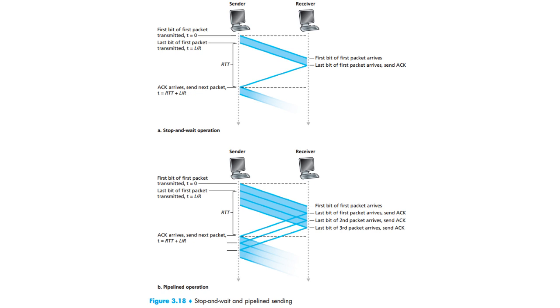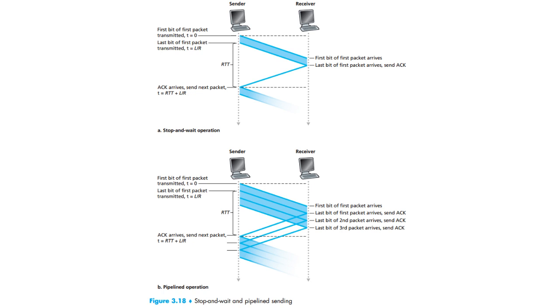With our stop and wait protocol, if the sender begins sending the packet at t equals 0, then at t equals L by R, which is 8 microseconds, the last bit enters the channel at the sender side. The packet then makes its 15 millisecond cross-country journey, with the last bit of the packet emerging at the receiver at t equals RTT by 2 plus L by R, which is 15.008 milliseconds.